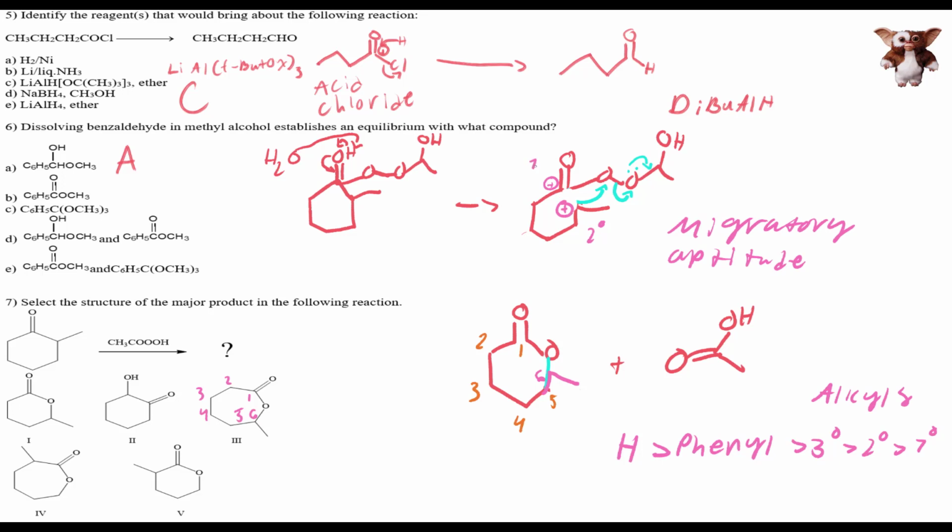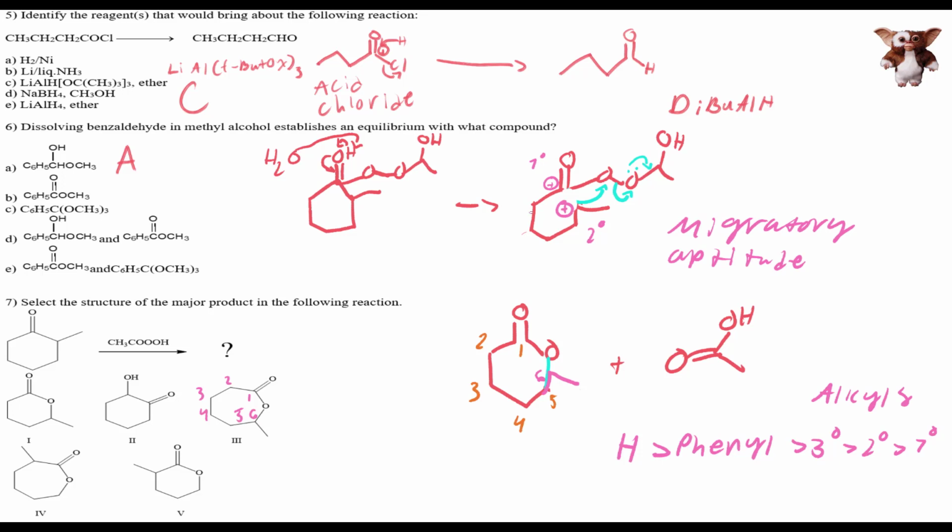If I did a primary carbocation, then I would have my oxygen on that side, which is not correct, because a secondary is more reactive for migratory aptitude and not a primary.